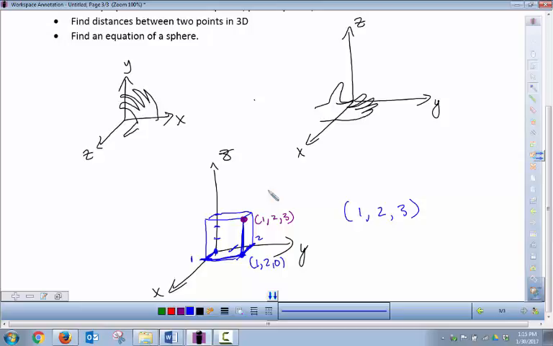So now we're looking at space. Not just the 2-dimensional plane, we're looking at 3-dimensional space. So the 2-dimensional plane is separated by the axes, right, the x and y axis, and it separates it into 4 quadrants.